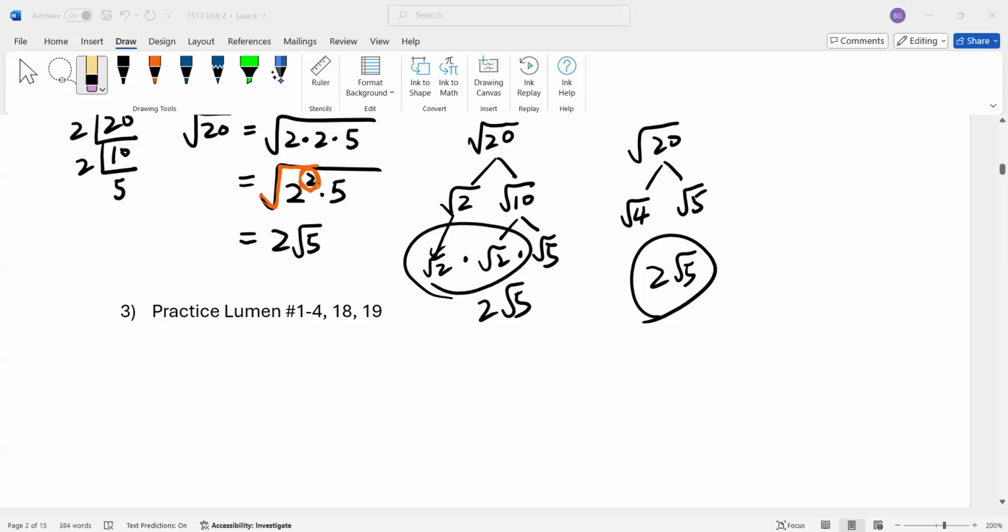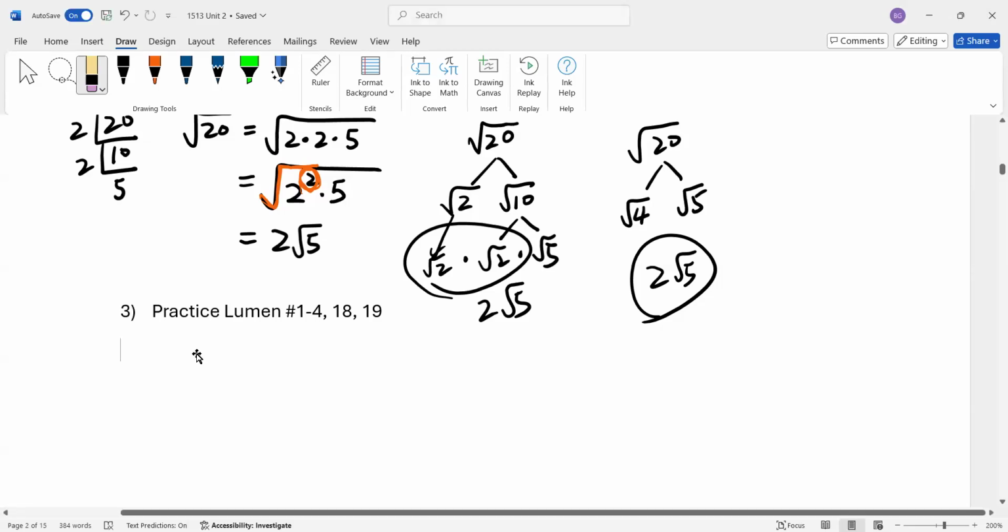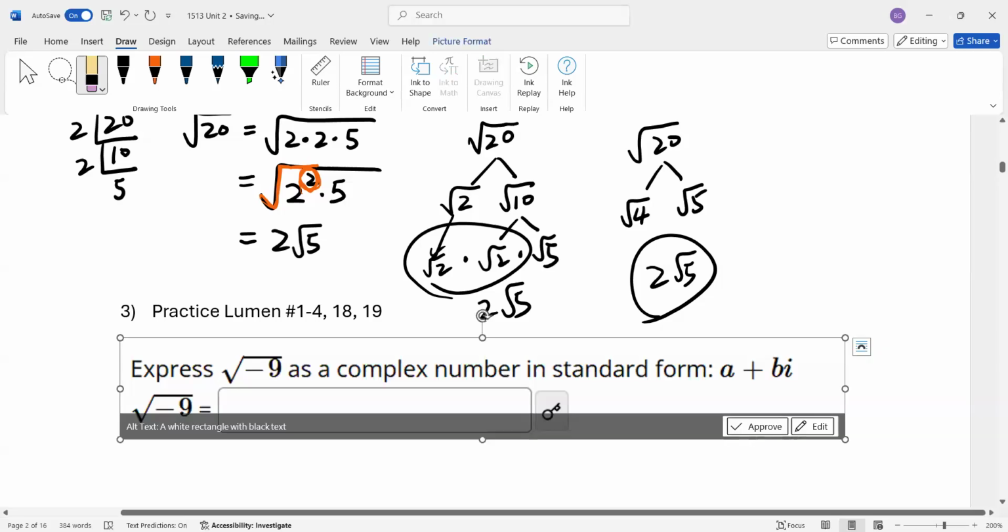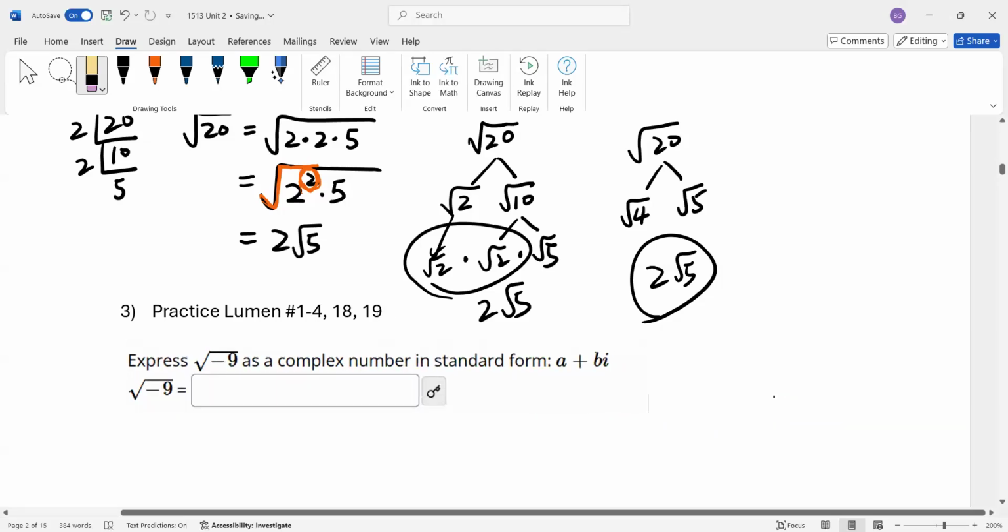Number 1 to number 4. This is number 1. Simplify root -9.